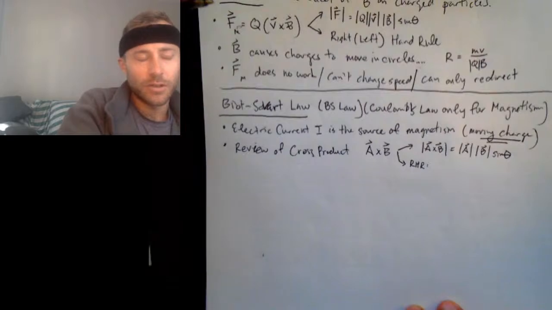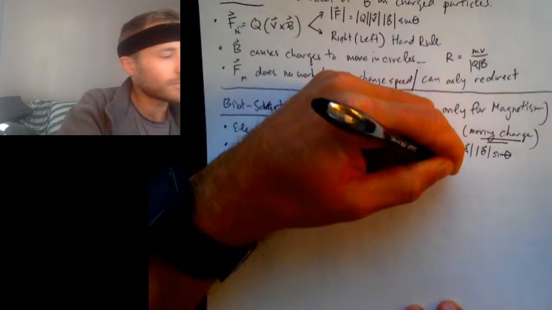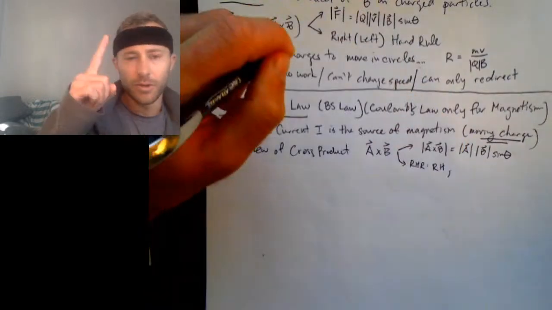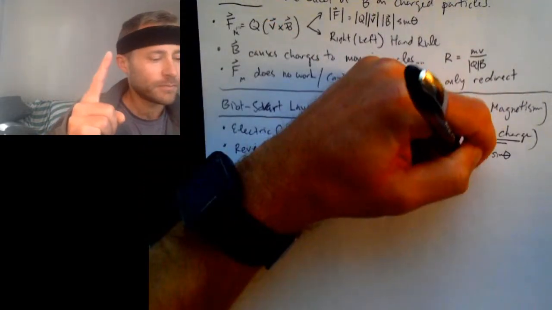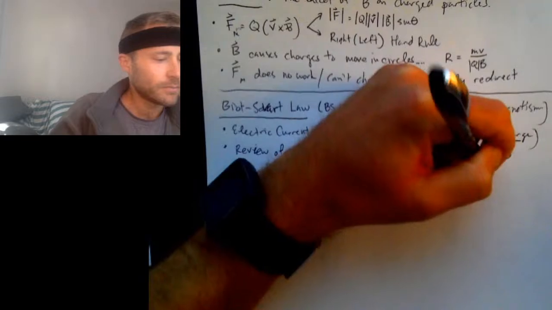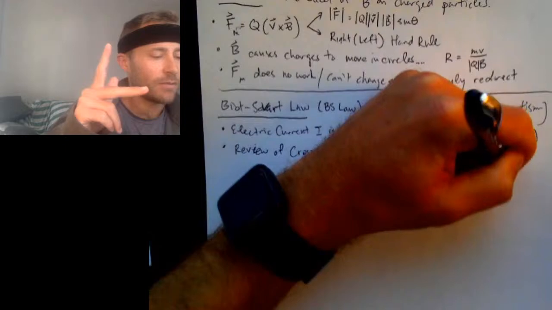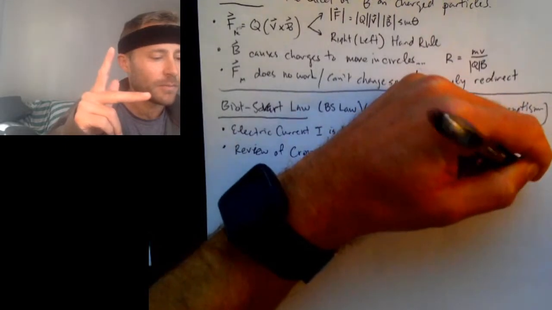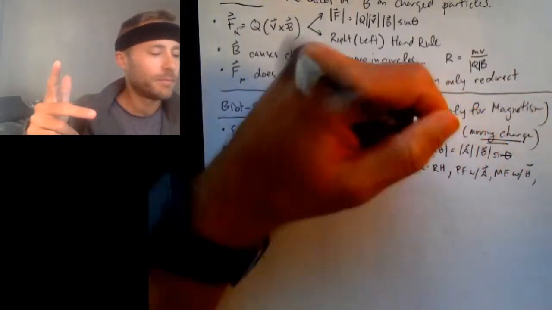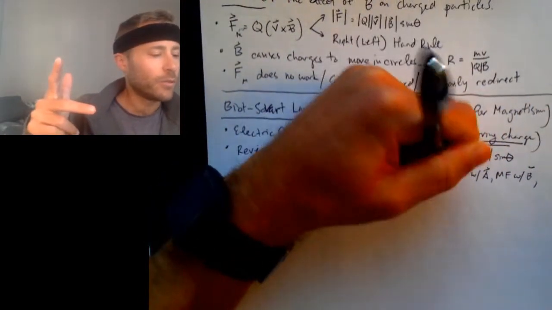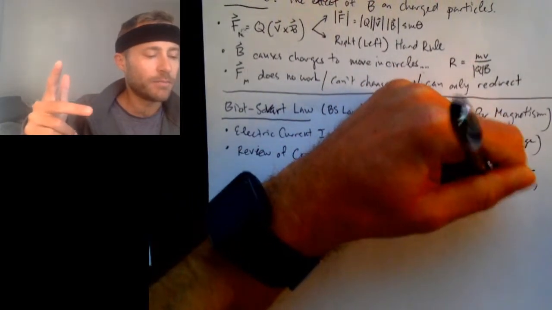You take your right hand and put your pointer finger with the first vector, your middle finger with the second vector, and then your thumb is the direction of A cross B.